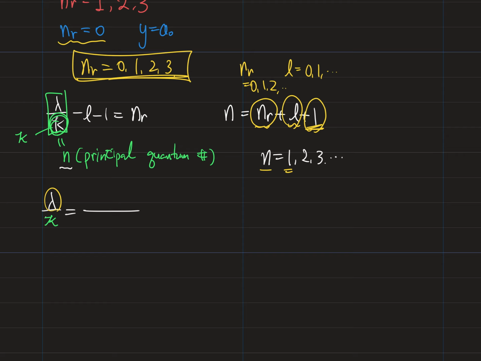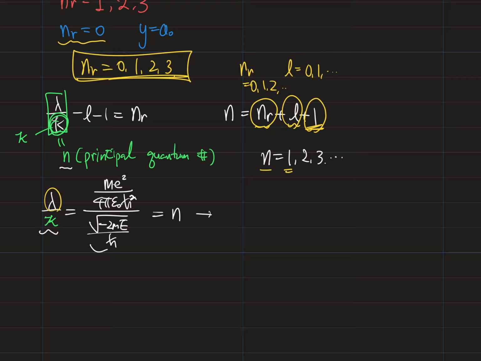Kappa. So kappa was defined as square root of minus 2mE divided by h bar. And the lambda is me square over 4 pi epsilon 0 h bar square. So we defined this ratio as n.